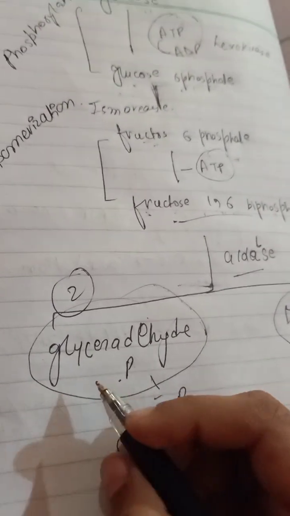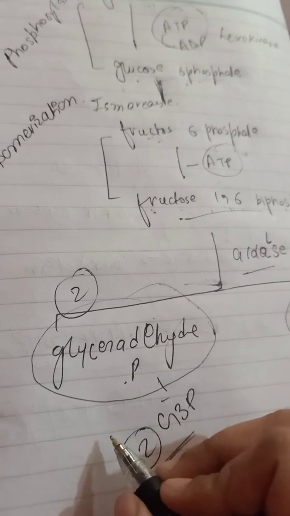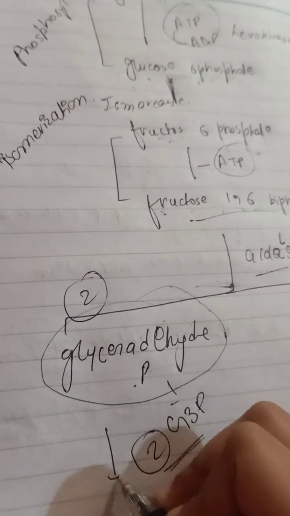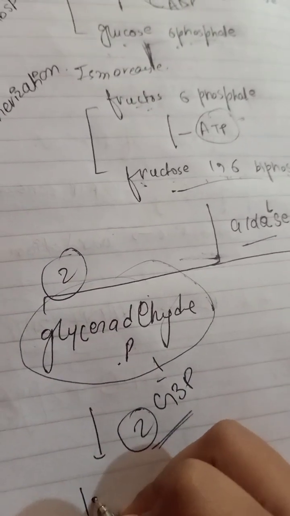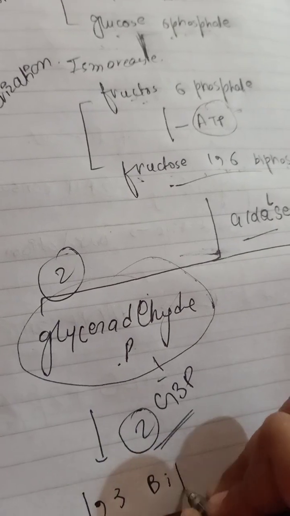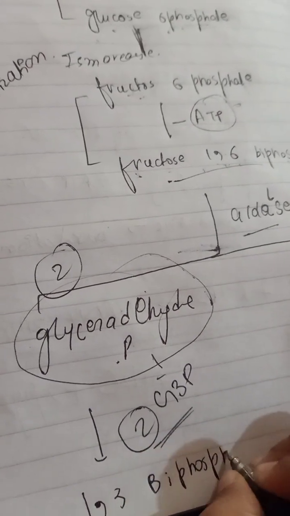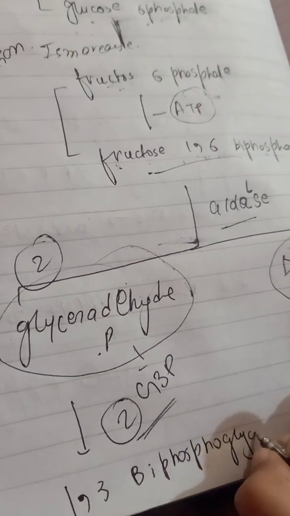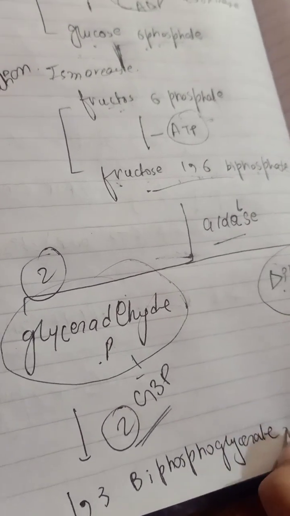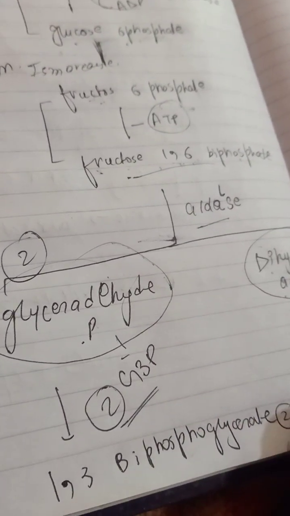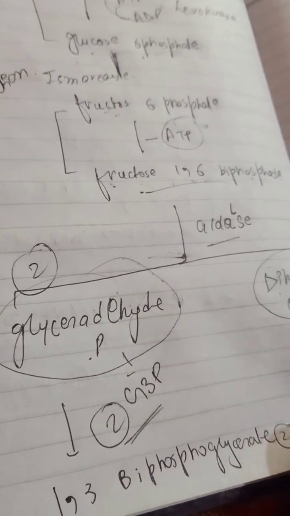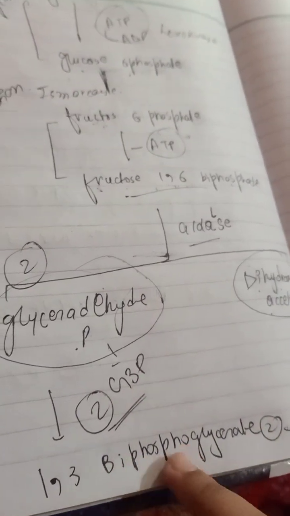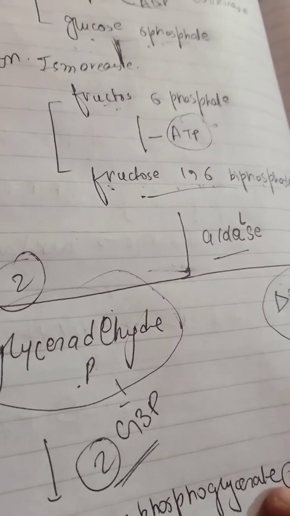So after that glyceraldehyde will convert into 1,3 bisphosphoglycerate. Okay, two molecules.